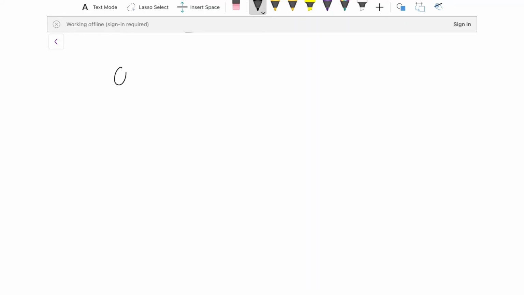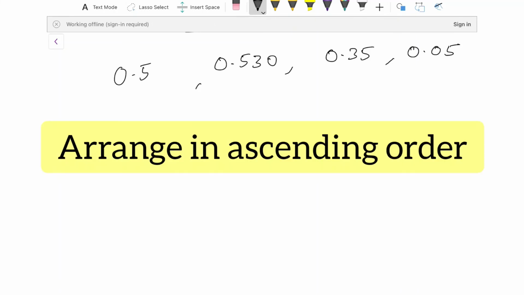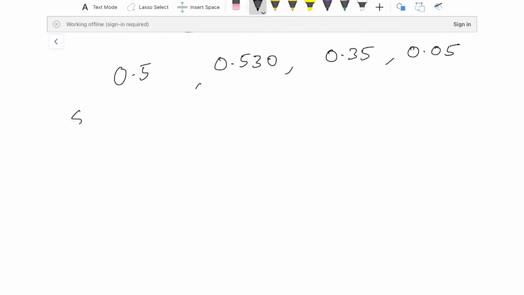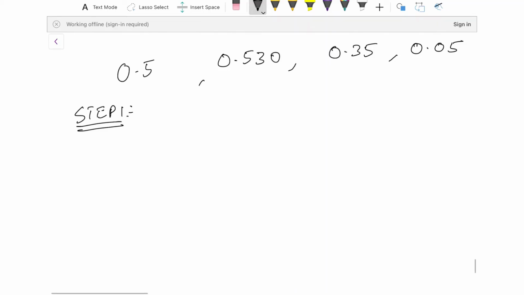Let's do this. 0.5, 0.530, 0.35 and 0.05. Now, how can we arrange the following decimals in ascending order? So step 1 is to change all these into like decimals. We can see that there are different decimal places. Here we have 1, here we have 3, here we have 2, here we have 2.